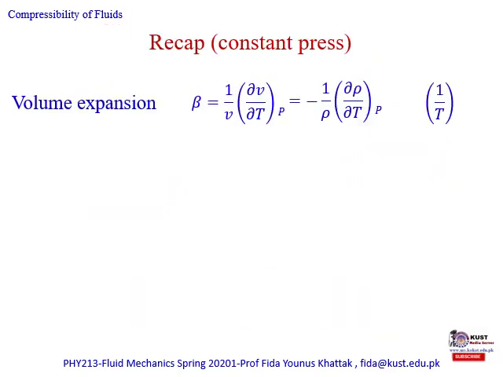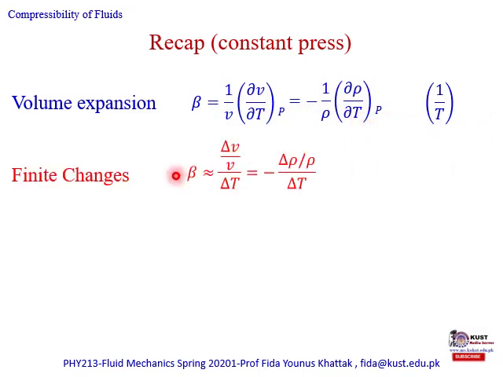Let's recap. We have volume expansion beta is equal to 1 over V, without a negative sign, into del V over del T at constant P, which is equal to minus 1 over rho times del rho over del T at constant P, and the units are 1 over T. For finite changes, we have beta is equal to delta V over V delta T is equal to minus delta rho over rho delta T. And for an ideal gas, we know that beta is equal to the inverse of the absolute temperature.